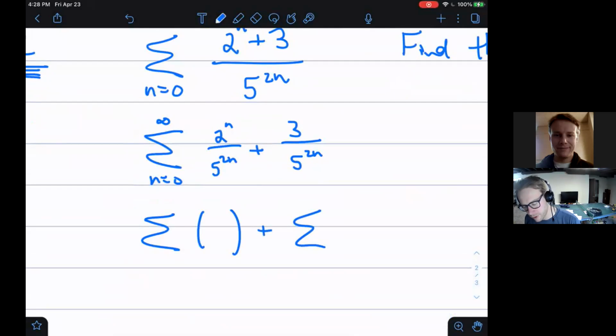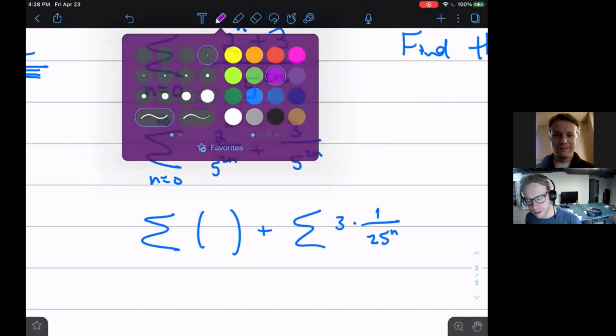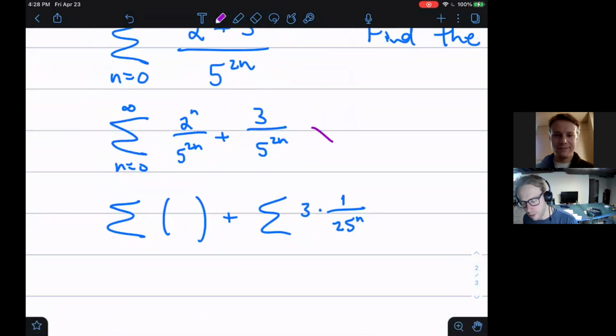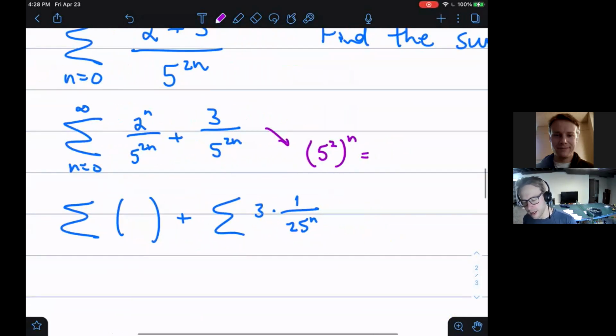So this one right here, for instance, I can make this 3 times 1 over 25 to the n. Notice what I did for that second one there. I used this property almost in reverse. Normally we would say that if you have powers raised to more powers, like 5 squared raised to the nth power, you can rewrite this and multiply those exponents together, so you'd get 5 to the 2n.